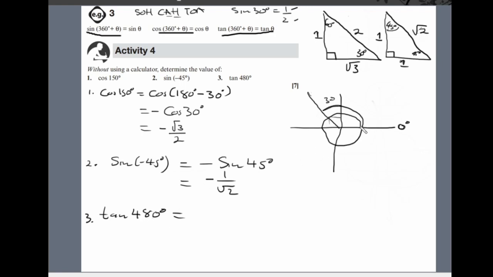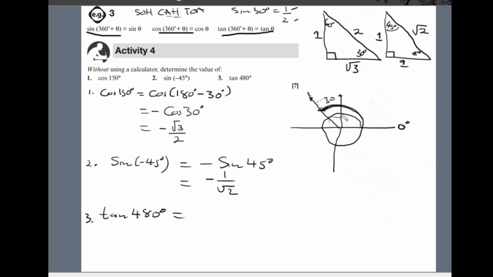480 degrees: rotate the terminal arm from 0 degrees, then complete a cycle at 360. After you've completed that cycle, move 120 degrees, and you will see that you land in the second quadrant, right? And then the angle between the terminal arm and the y-axis will be 30 degrees.